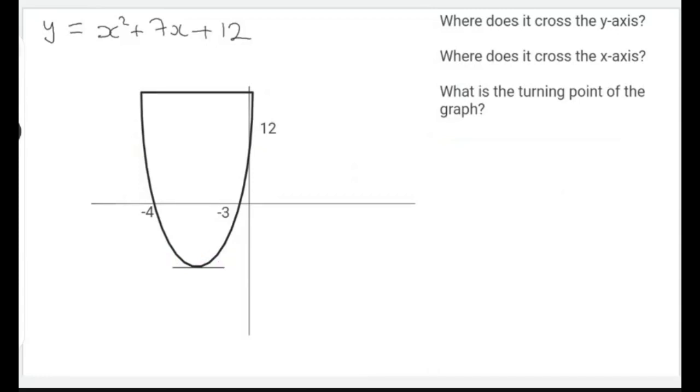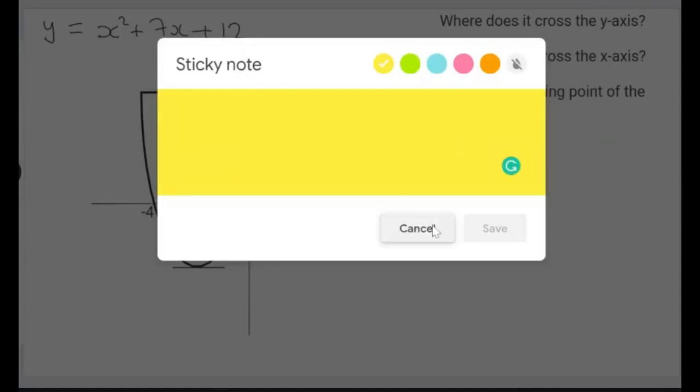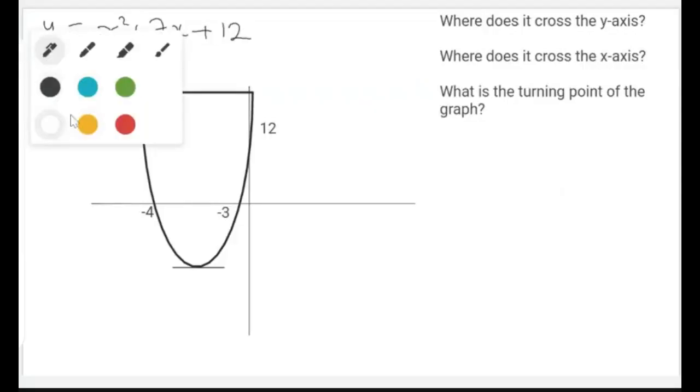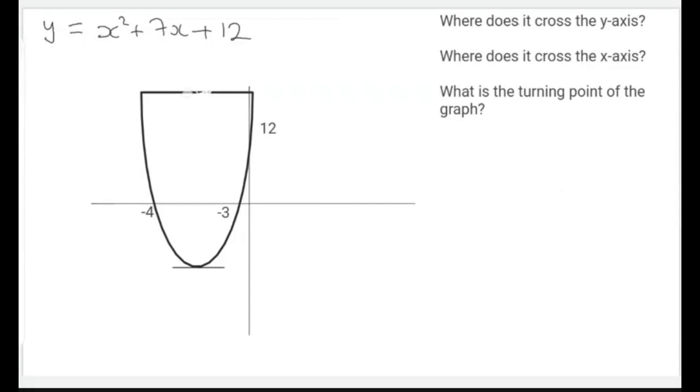So first of all, let me do this, just to make it look a bit like a parabola at least. Okay, so it looks a bit more like a parabola.